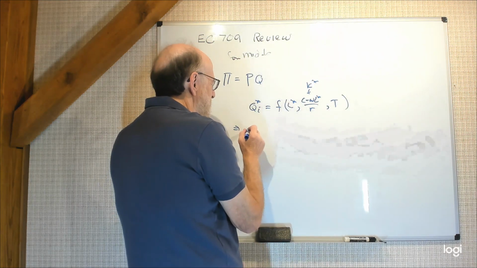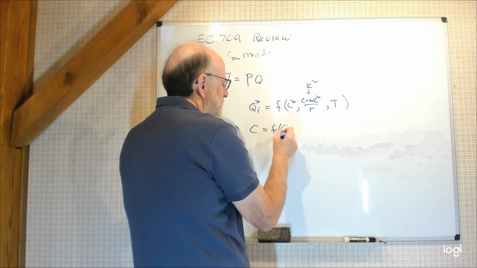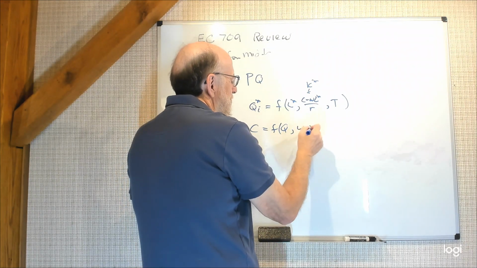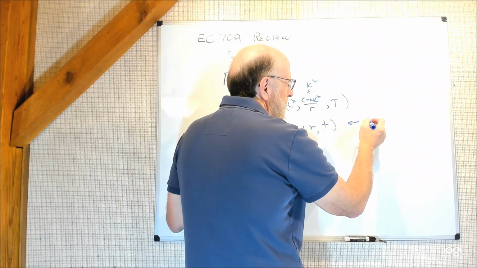So we solve this for C equals some function of Q, W, R, and T. Okay, so the other function would have been a cost function too, but this is the one we want.